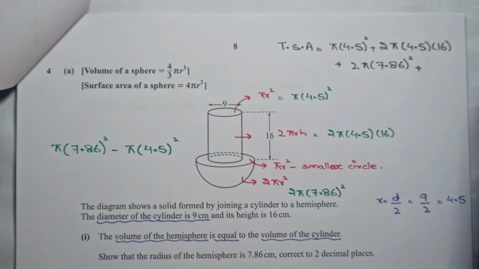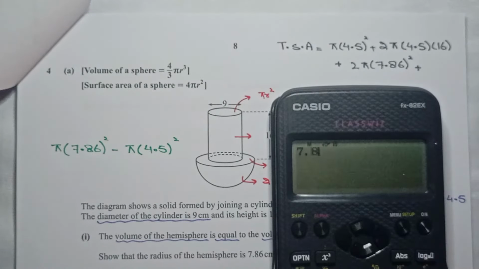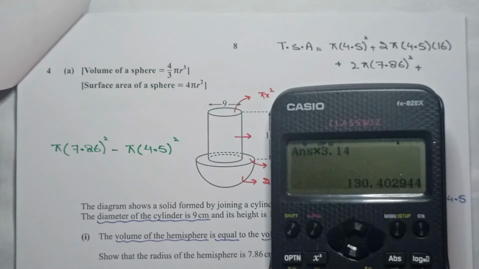Let me calculate this one first. Pi is common, so we can do 7.86 squared, subtract 4.5 squared, and then multiply by 3.14. This would be 130.40.